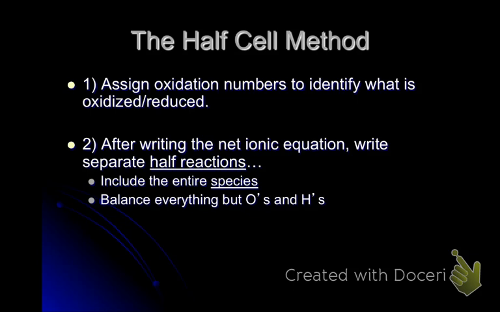When you write the half reactions, you're going to include the entire species of whatever is being oxidized or reduced. So the whole thing. You're just going to pull it right out of the equation and plunk it down underneath. And then you're going to balance everything in that half reaction except for the O's and the H's, specifically whatever is being oxidized or reduced.